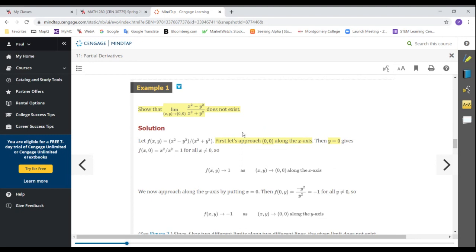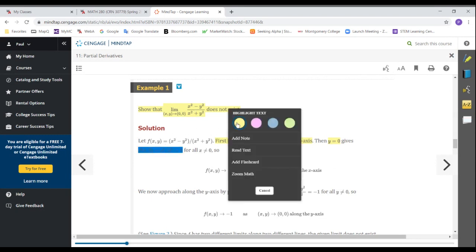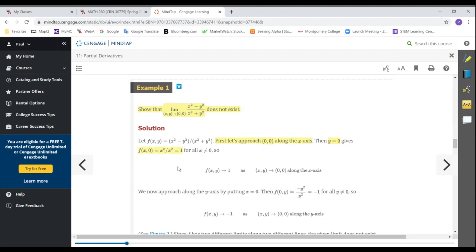So if we substitute in y equals 0 for our function, we're going to get x squared over x squared, and that equals 1. So as you approach the origin along the x-axis, the function is approaching 1.